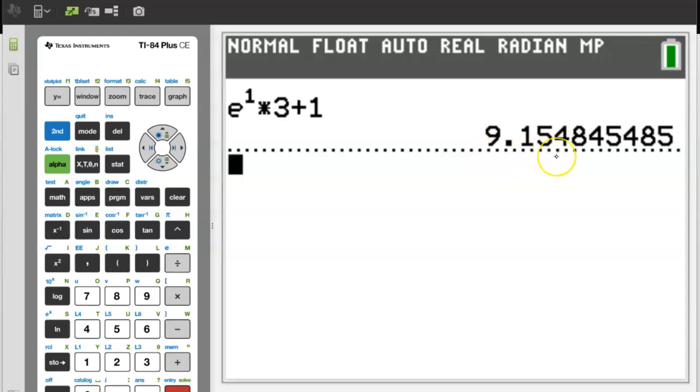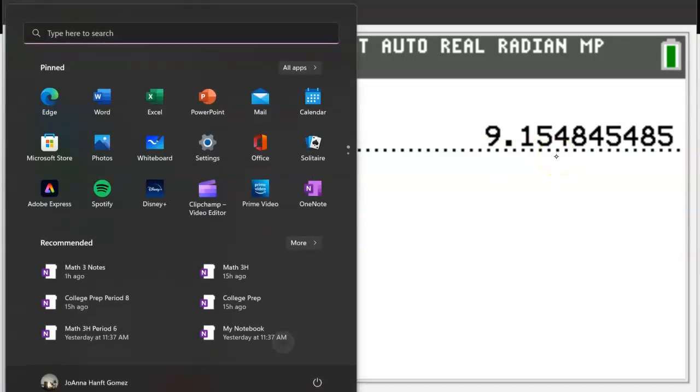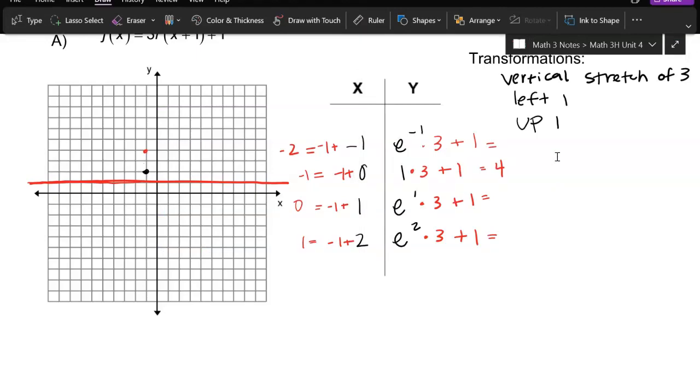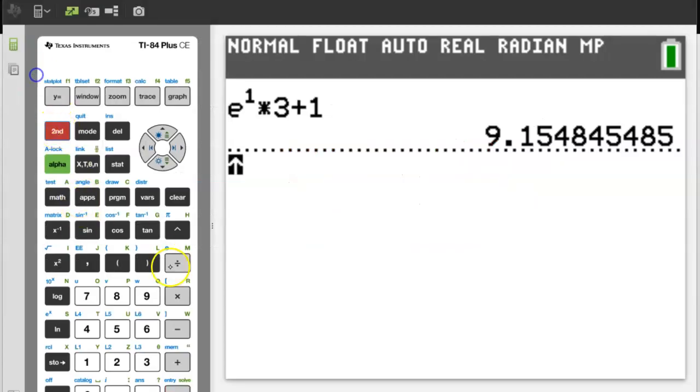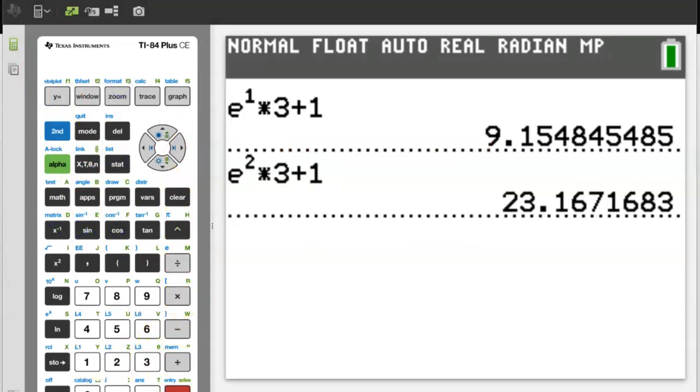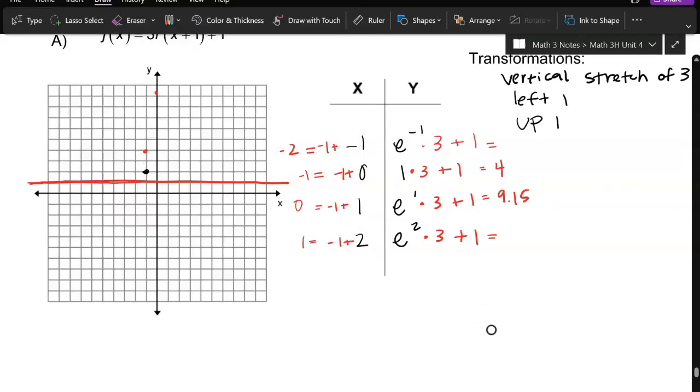So we get 9.15. So at 0, we're kind of up here. And then e to the second times 3 plus 1. We get 23. So that's going to be way off our graph. So it's going to be way up there somewhere. So that's okay.